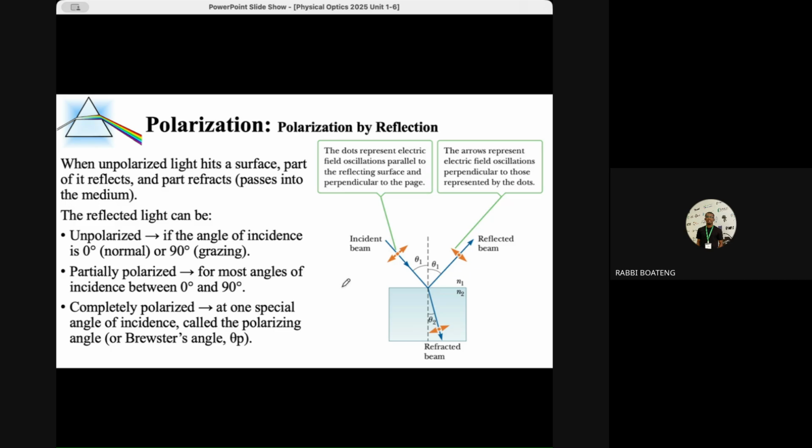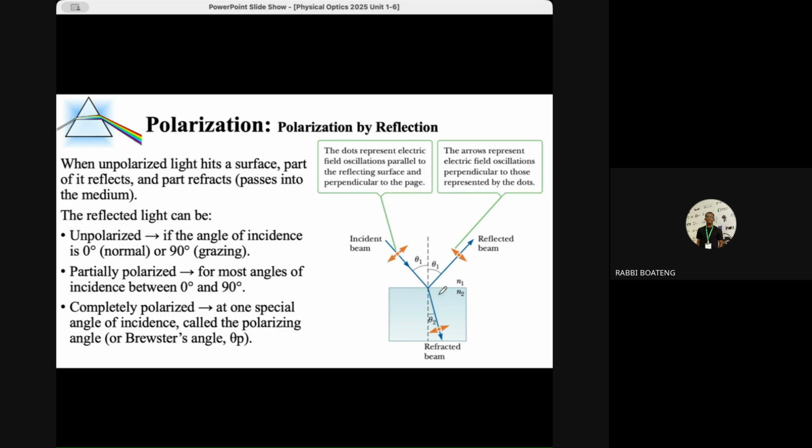Okay, so I'm repeating. When light, an unpolarized light, hits a surface, we know for sure that a lot of things happen. A very common one that we've all gone through one way or the other is what we call refraction. So most of the light will get refracted, and we may get some partial reflection, where some of the light will just go up.